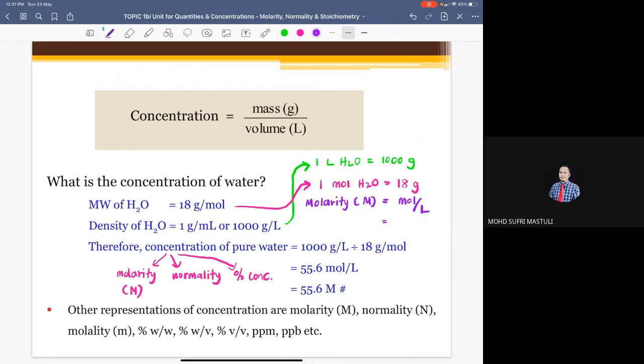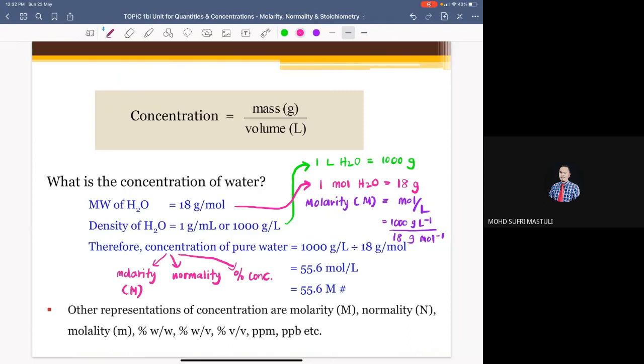The density is 1000 gram per liter over 18 gram per mole.